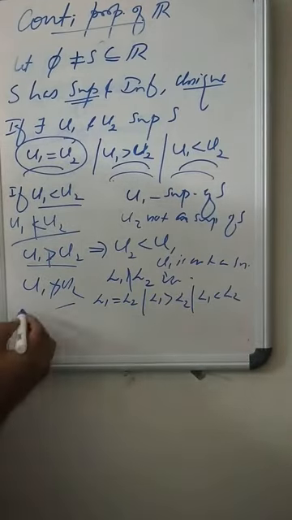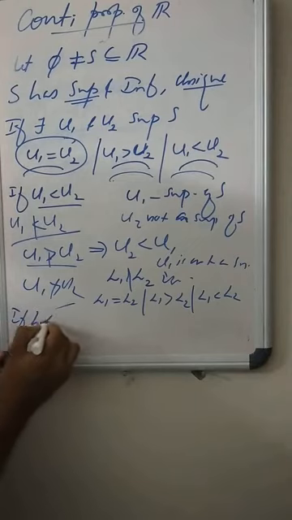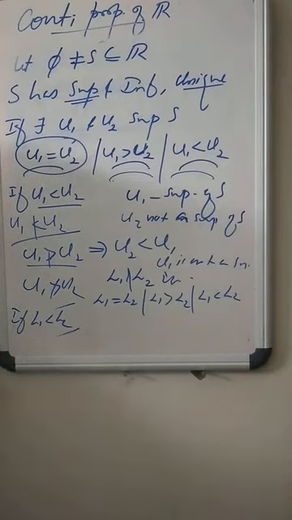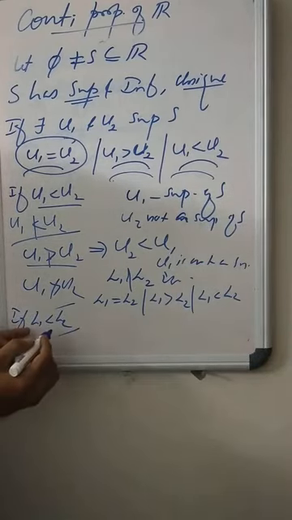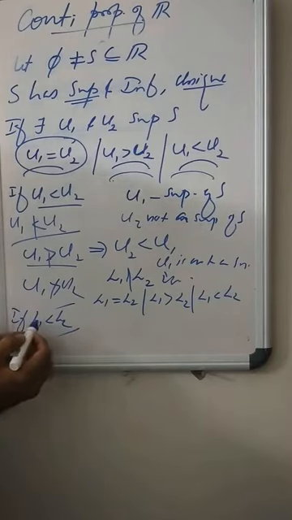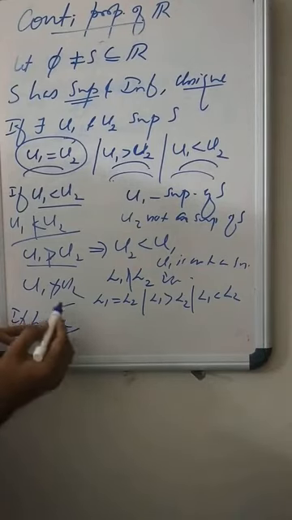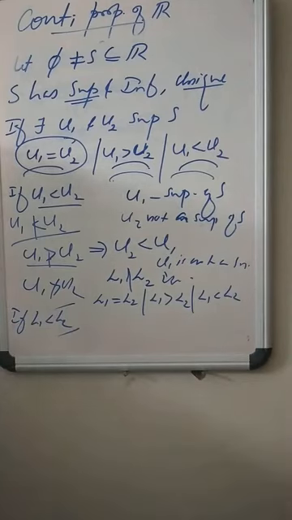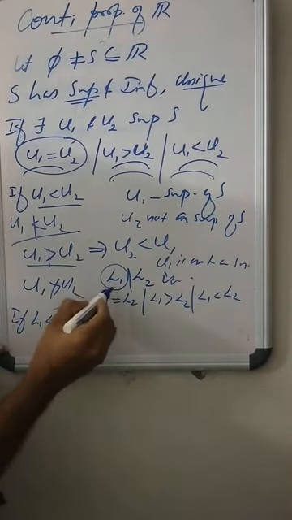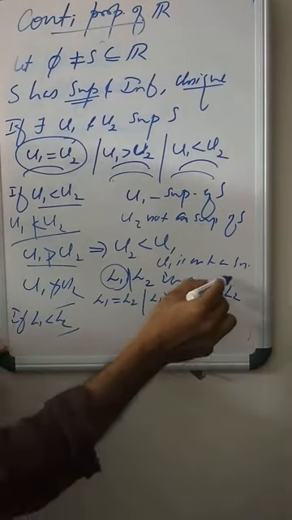If L1 is less than L2, then L1 is not a greatest lower bound, because there is another lower bound greater than L1. That's a contradiction to the choice of L1. So L1 is not less than L2.